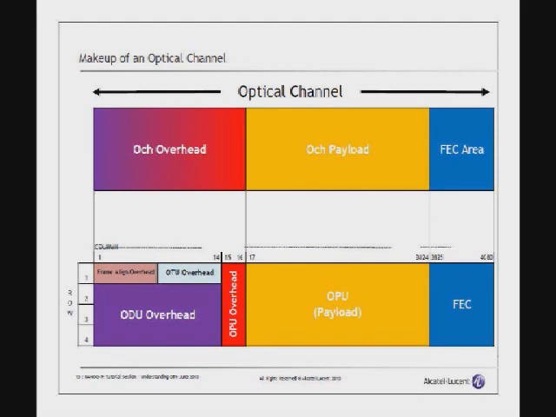So this is the full OTU that contains the payload, the data unit, which is the payload plus its overhead, and then the FEC. I'll have a couple of slides that really show this in more detail of how this is built up.